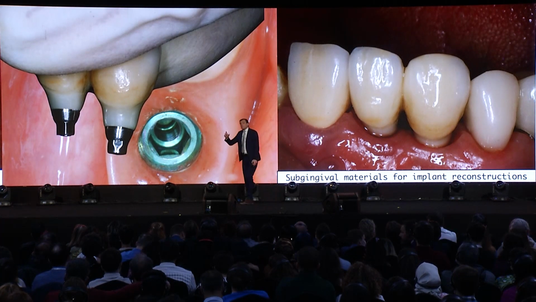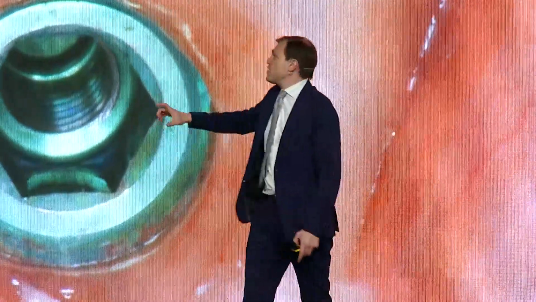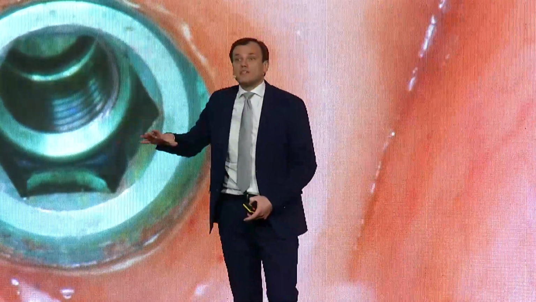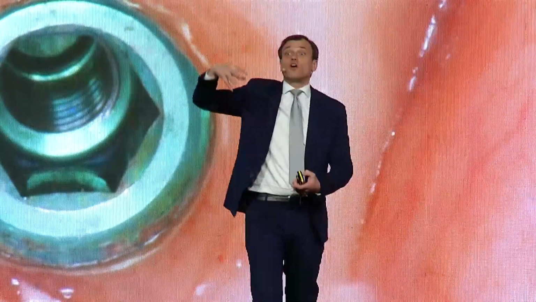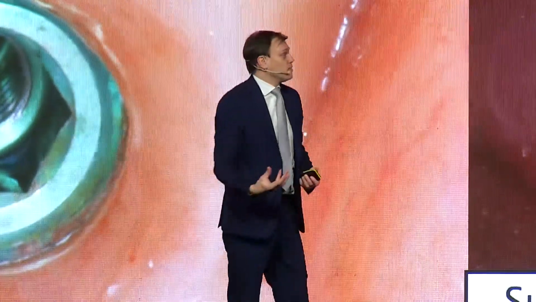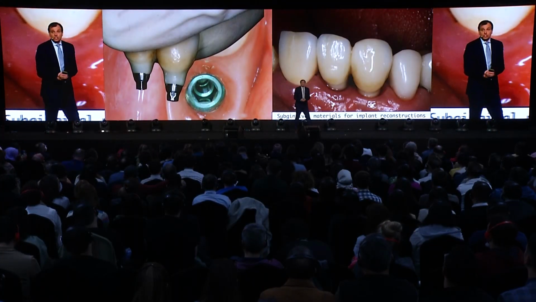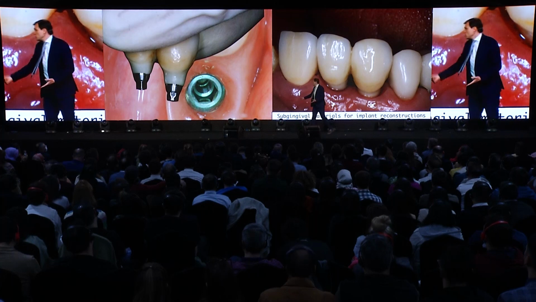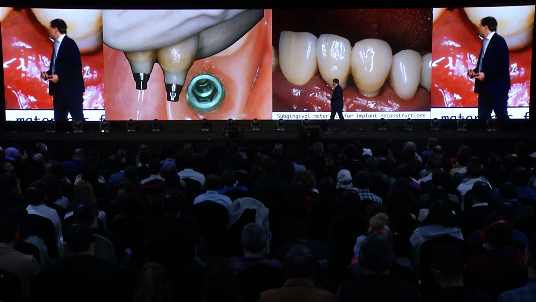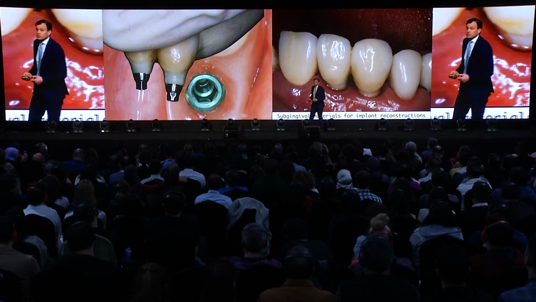Now, we talked about tie base height, so inevitably it's very connected to the prosthetic material. What am I going to glue on that tie base, what kind of material? That's why I'm going to finish up my presentation talking about subgingival materials for implant reconstructions.